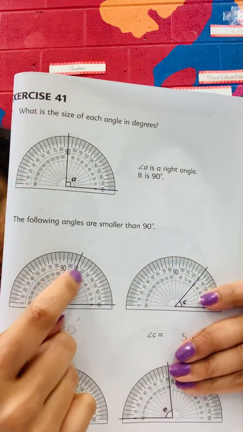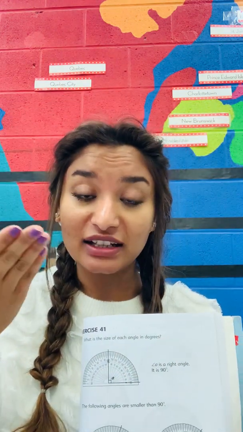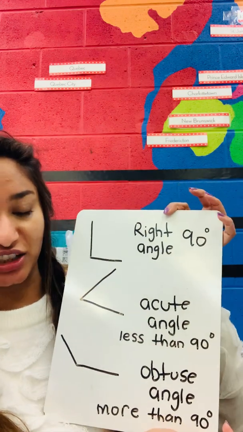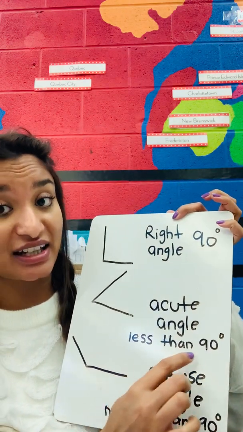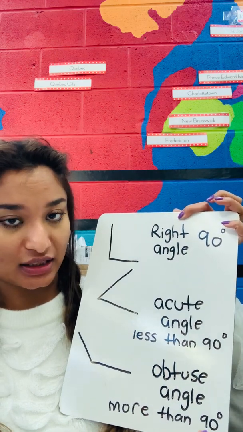So which means when you are picking your numbers, which means when you're choosing, well, which number would I choose? You need to know, is it a right angle? Is it an acute angle? Or is it an obtuse angle? So again, right angle, 90 degrees. Acute angle, less than 90. Obtuse angle, more than 90.